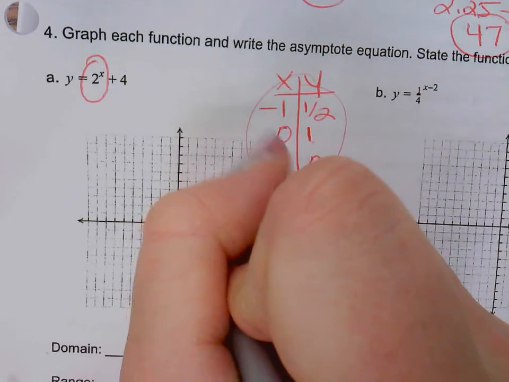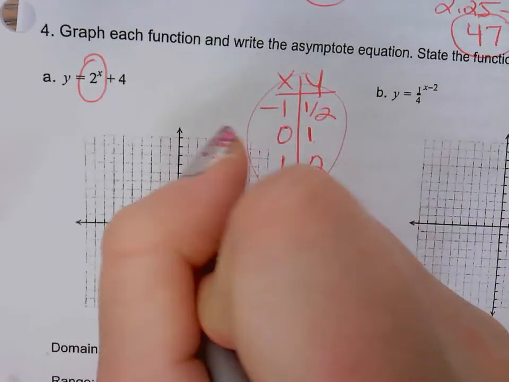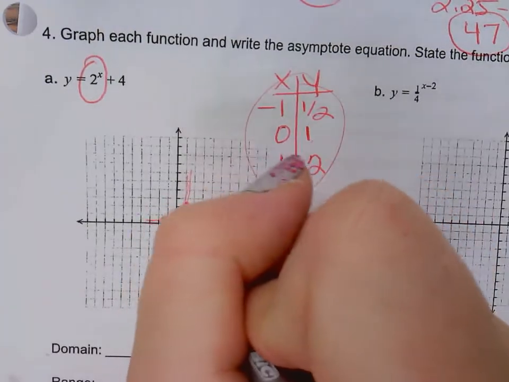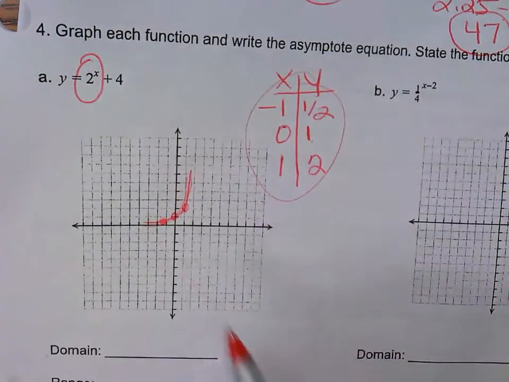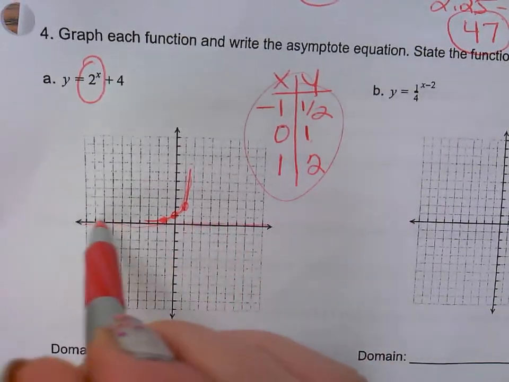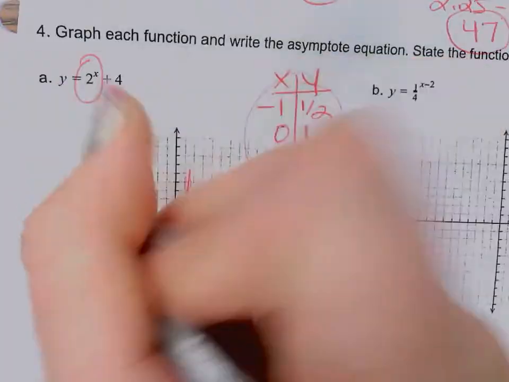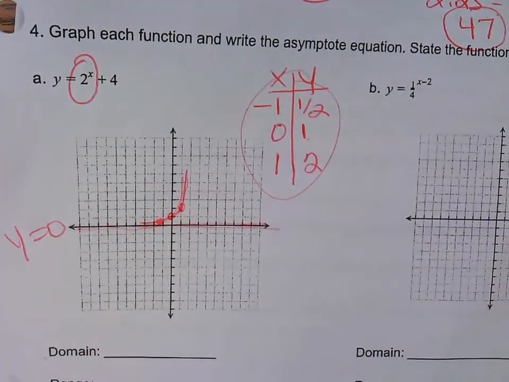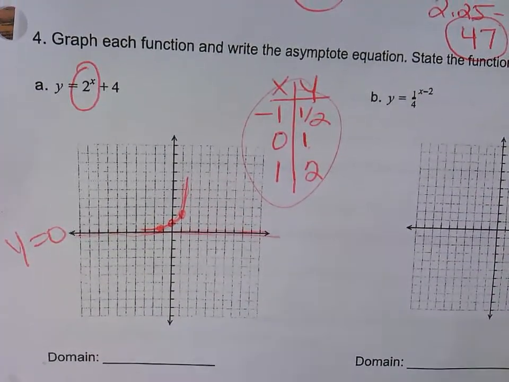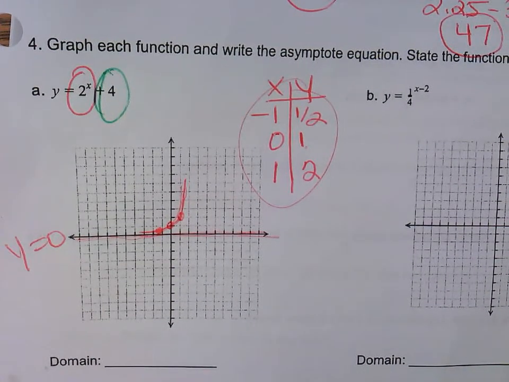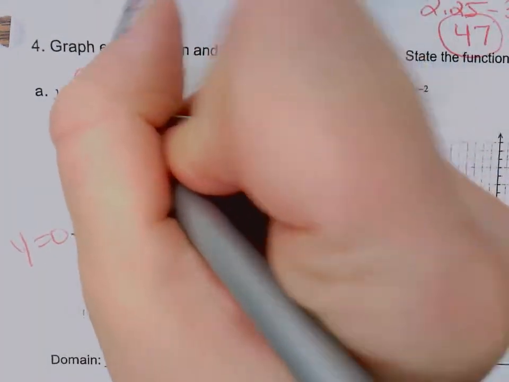So what I like to do is plot my parent curve. There it is. I just sketched the red curve in lightly. The red curve never goes below this asymptote. This asymptote is sitting at y equals 0, and I can't go below it. So now when I shift my graph, what does this plus 4 do to the graph? You might have to look at your transformation rules, but a big plus 4 goes up.